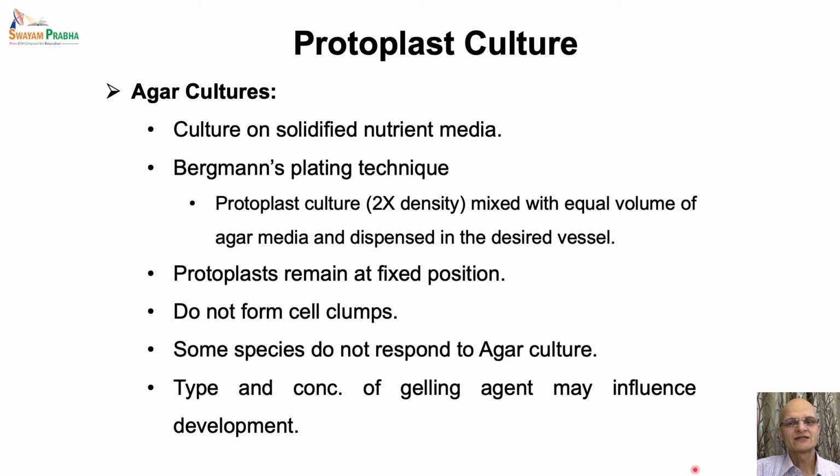Further, type and concentration of the gelling agent can also influence the development of these cultures. In addition, the sensitivity of the protoplast to the temperature may also vary among the different plant species. In many plant species where the protoplasts are sensitive to the temperature, usually alginates are used as gelling agent.